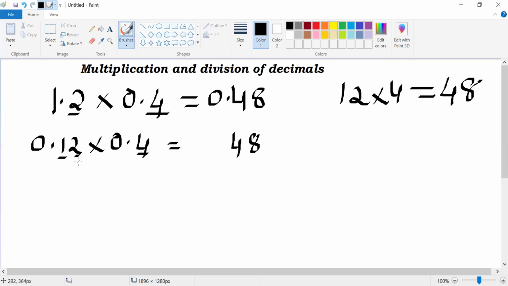So total 3 decimal places should be there in the product. So after the decimal point, 3 digits should be there. We have only 2 digits here, so I have to put a 0 here. So the answer will be 0.048.